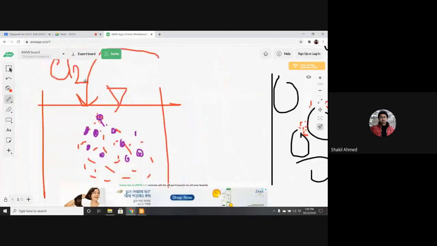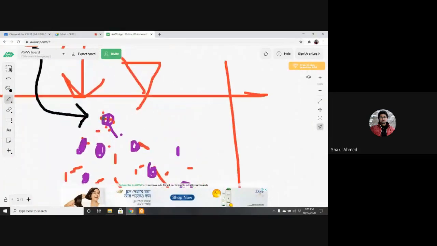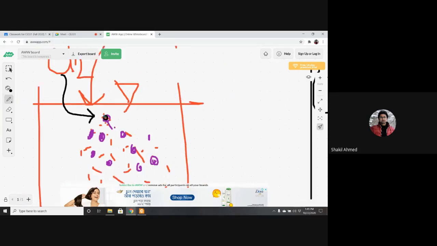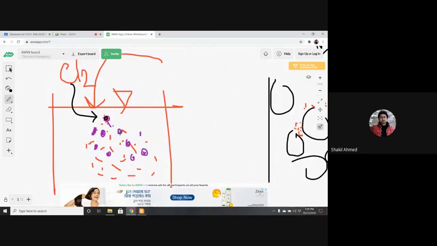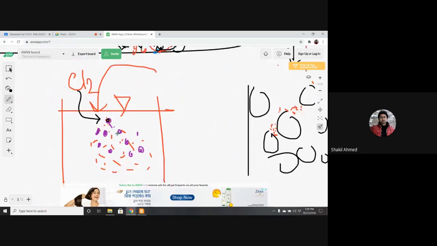Therefore, the chlorine cannot access them easily. Now, if chlorine cannot access them easily, this target group, then the disinfection will not be effective. That means the pathogens will not be killed. Therefore, if there is high turbidity in your water, that will reduce the efficiency of the disinfection process. Is it clear?